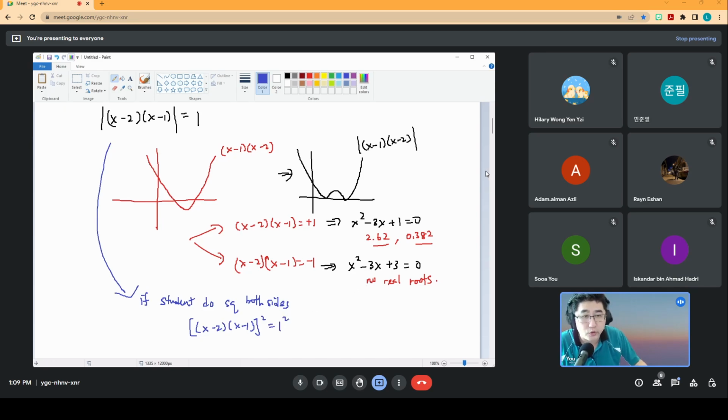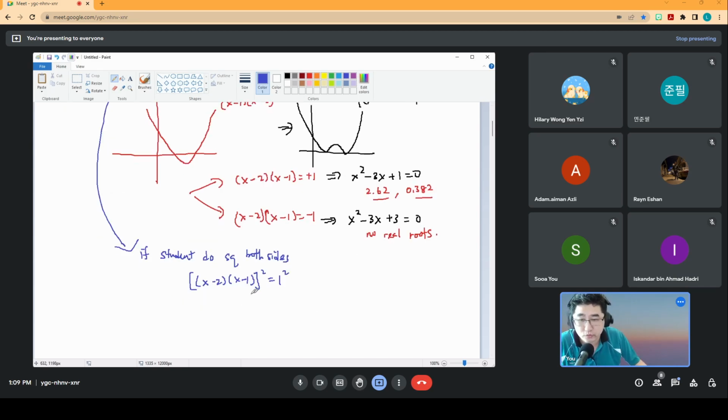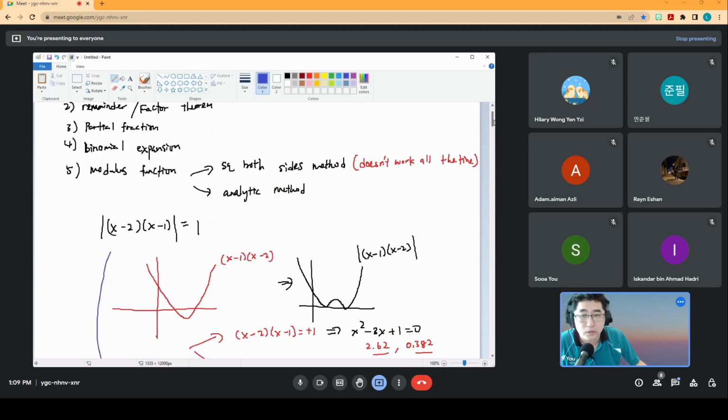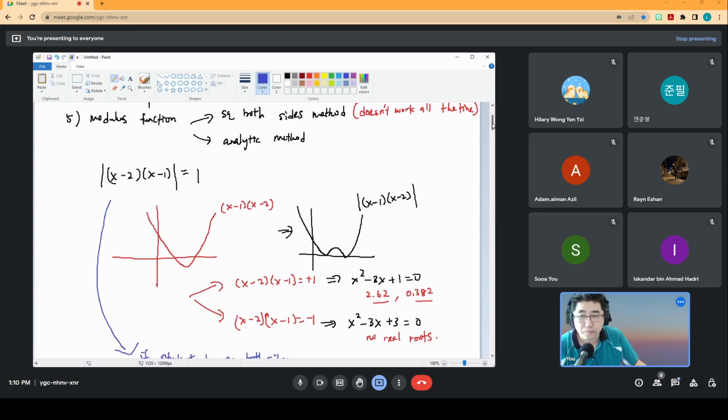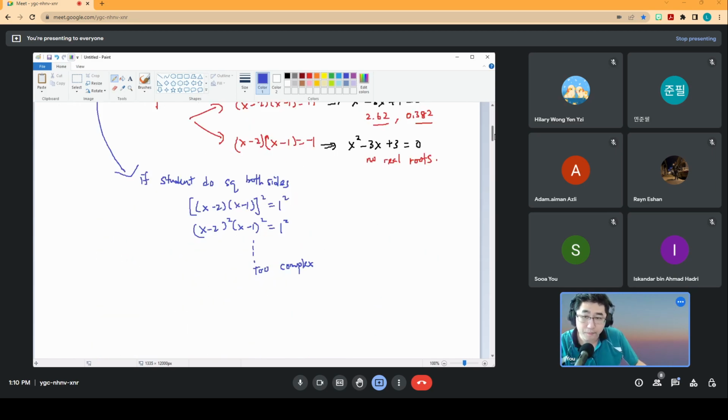Do you think you'll be able to solve this question? x minus 2 squared, x minus 1 squared equals to 1 squared. So it becomes too complex. This is the example that I'm trying to tell you, that the square both sides method may not work all the time.